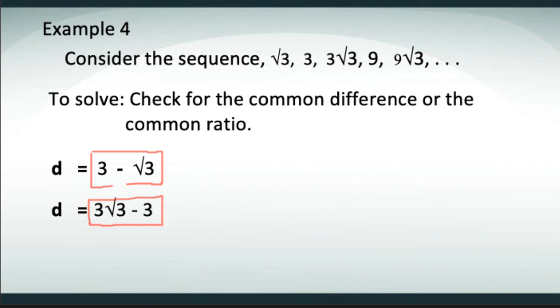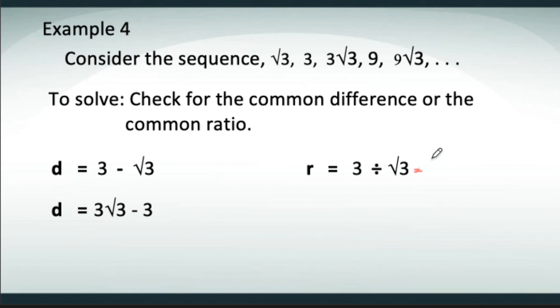Now let's do the other one with our common ratio. Still using the same values, this time it's 3 divided by the square root of 3. Let's rationalize the given. That will become 3 over square root of 3. Let's multiply both sides by its denominator.